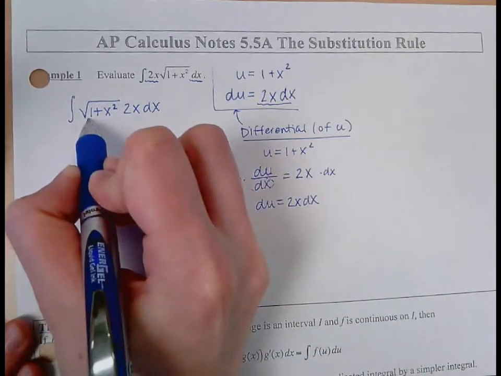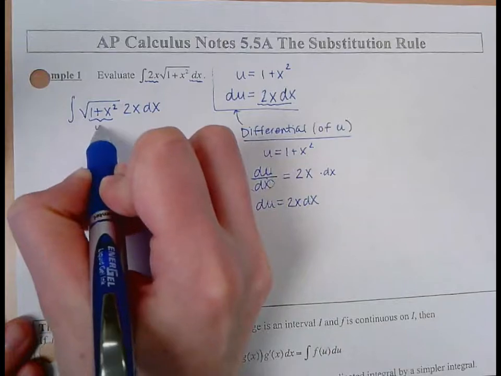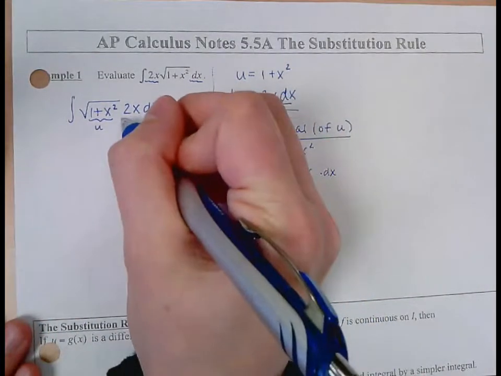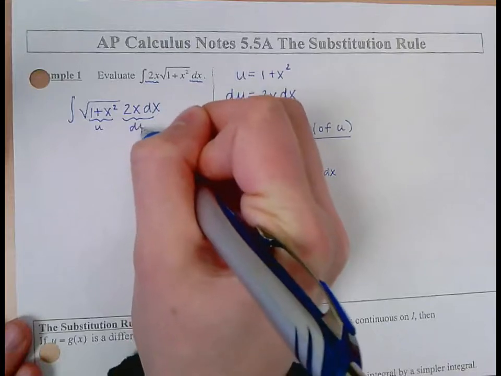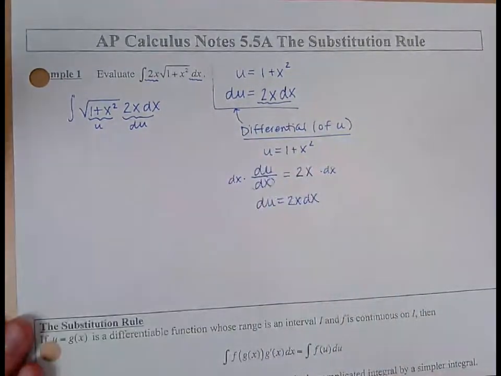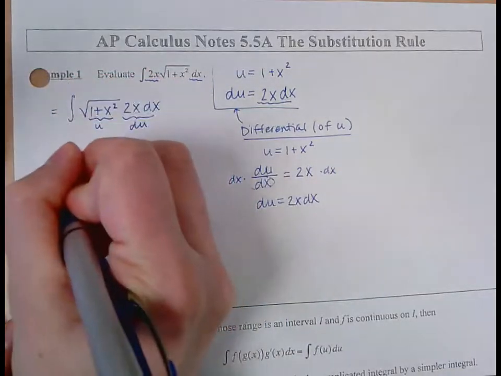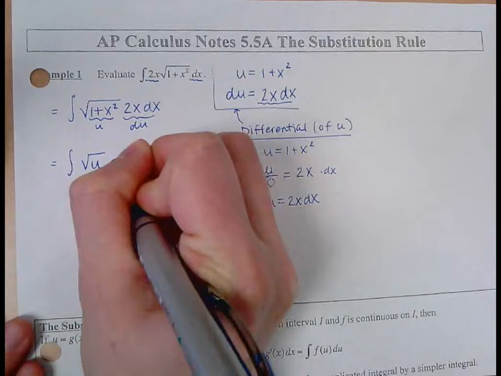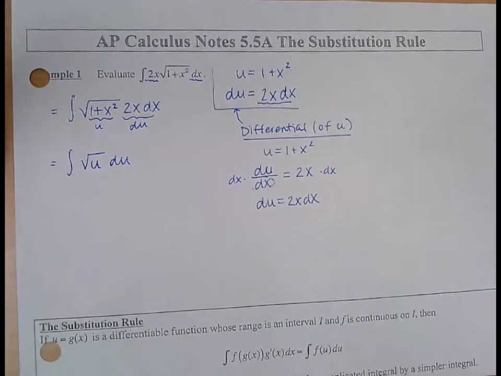So what you're seeing is the 1 plus x squared becomes a u. The square root is still there. The 2x dx is going to get then replaced with du. So now my integral in terms of u is the integral of the square root of u du.